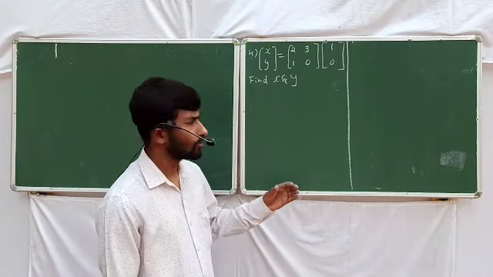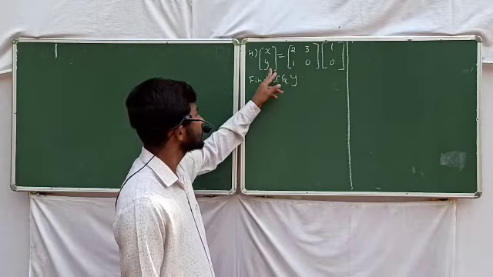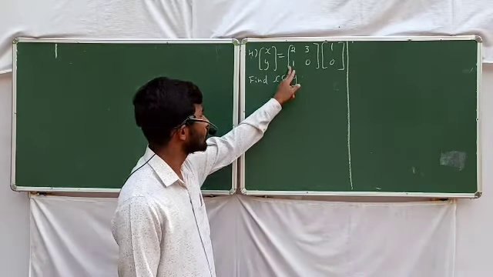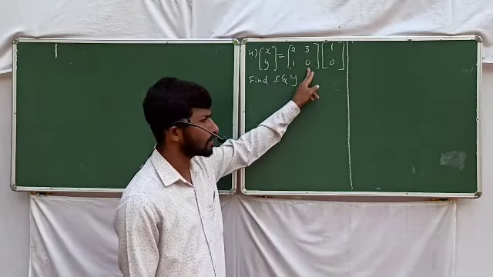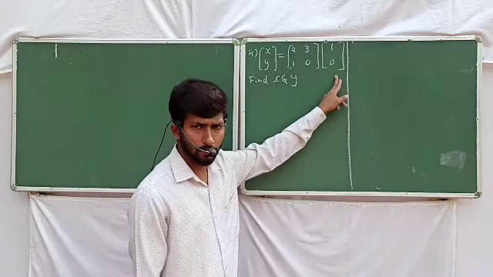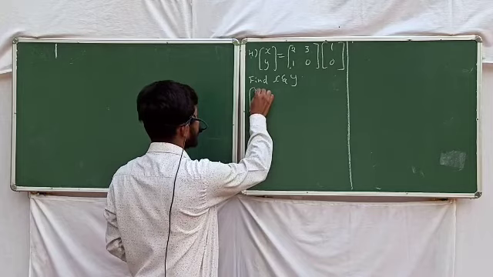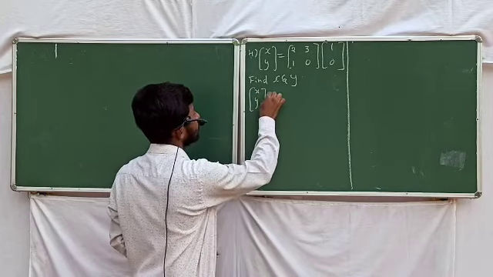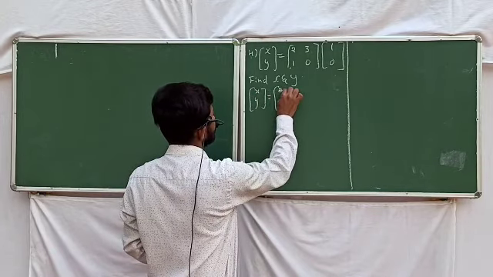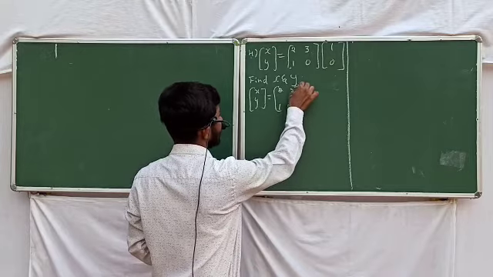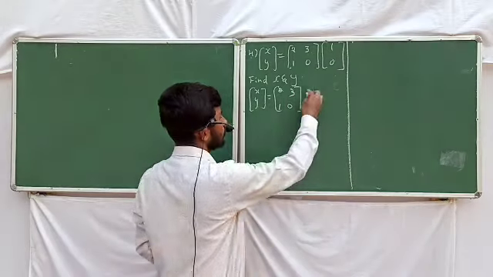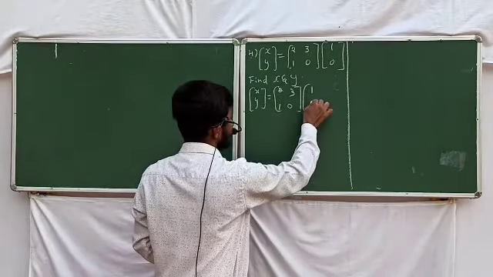Next, fourth question. See, matrix [x; y] is equal to [2 3; 1 0] into [1; 0]. Now I will write matrix [x; y] is equal to [2 3; 1 0]. You need to multiply this matrix to the matrix [1; 0].